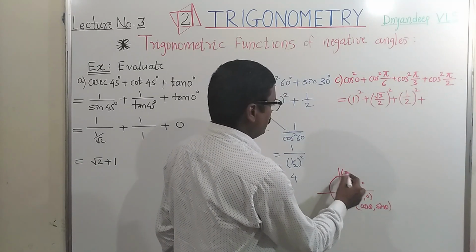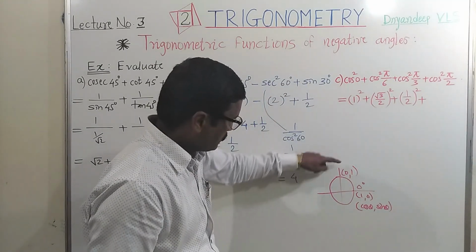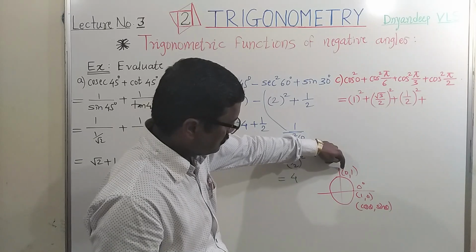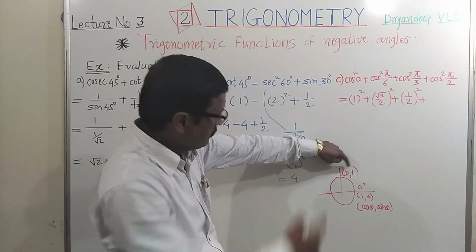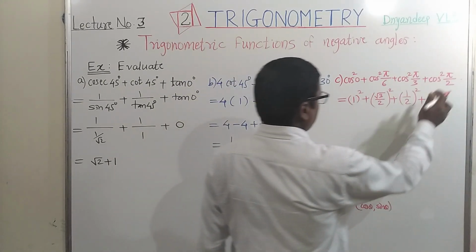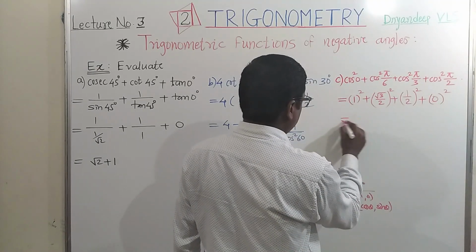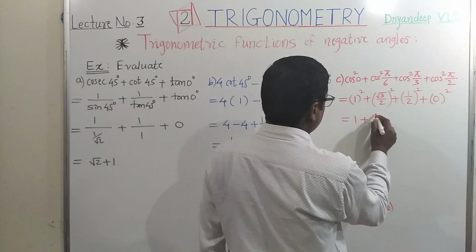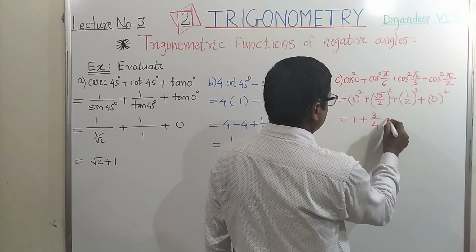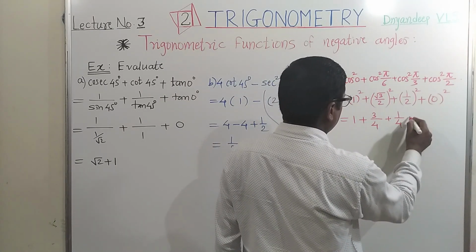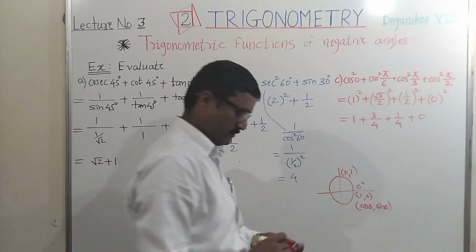Now here the point is (0, 1). First ratio is cos, second ratio is sin. So cos 90, that means cos 5 by 2, is 0 and sin pi by 2 is 1. Here cos pi by 2 is 0, so 0 square. So it is equal to 1 plus 3 by 4 plus 1 by 4 plus 0.